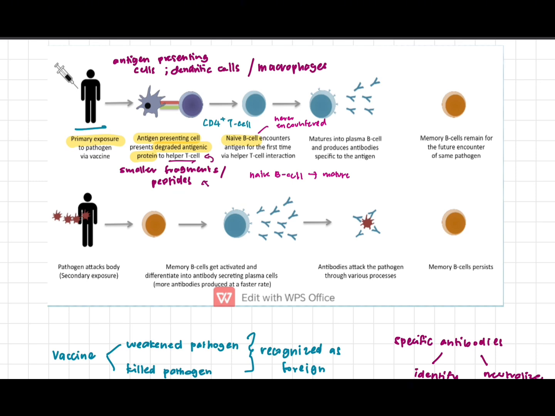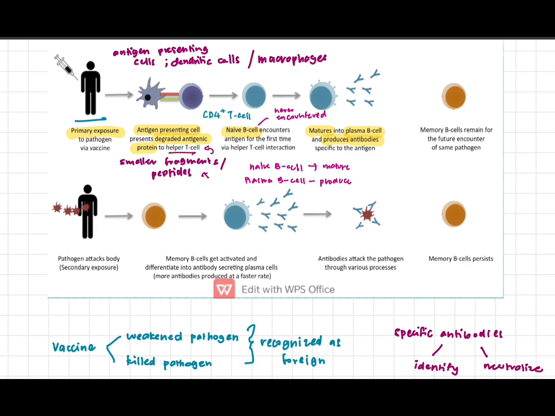Plasma B cells are highly specialized cells that will produce and secrete vast amounts of antibodies that have high affinity towards the antigens.